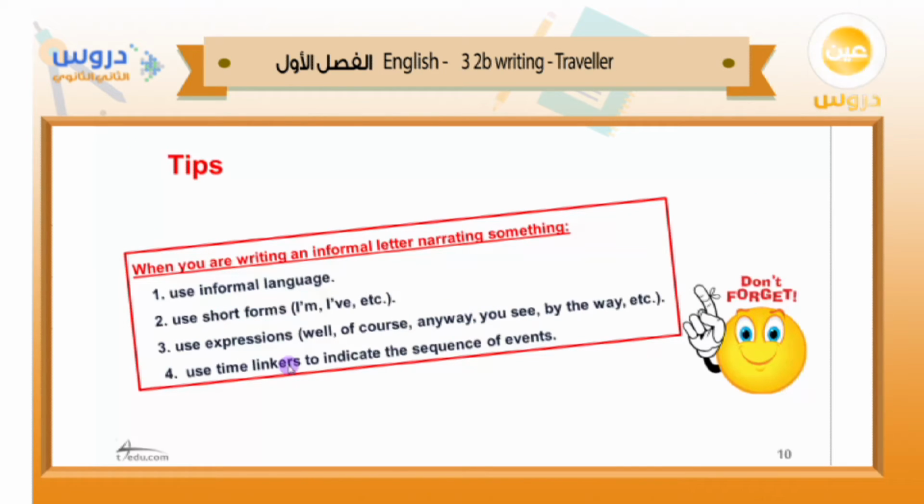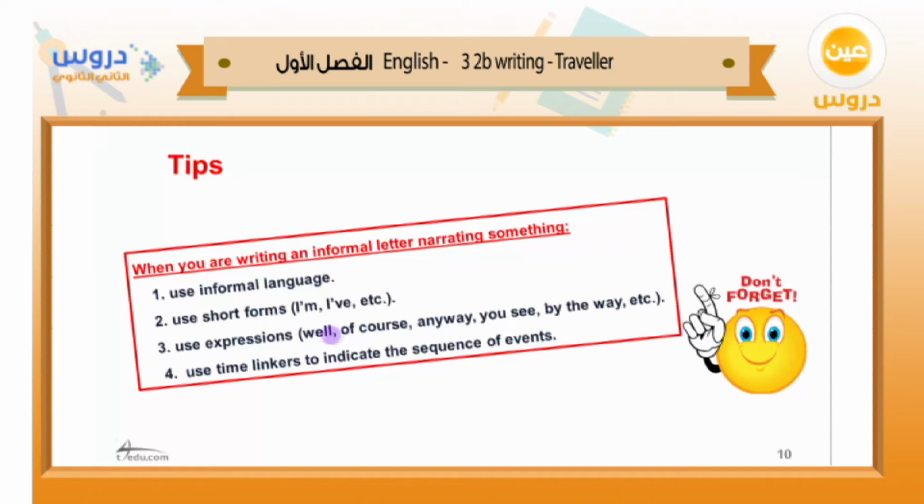So there are some tips and advice that can help you to write better. Don't forget, when you are writing an informal letter, narrating something, telling a story, one, you can use informal language like wanna, gonna, okay. Two, you can use short forms like I'm, have, your, his, and can't, don't, doesn't.